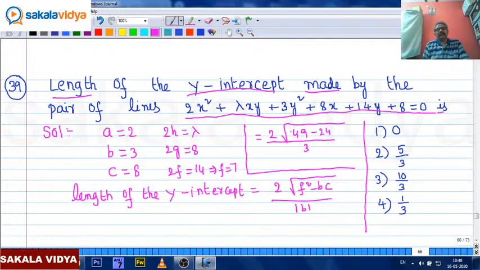Square root of 25 is 5 into 2, 10 by 3. So third option is the right option. Generally the students will be tempted to find out the lambda value first. They apply delta and they will find out lambda. After getting lambda, then they will go to the formula. So that becomes very lengthy.